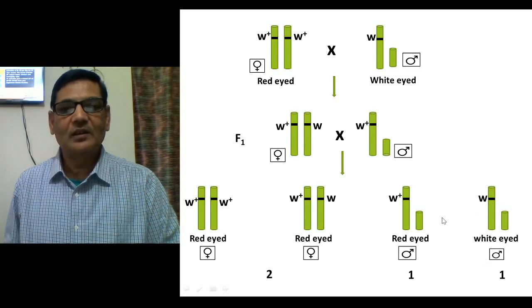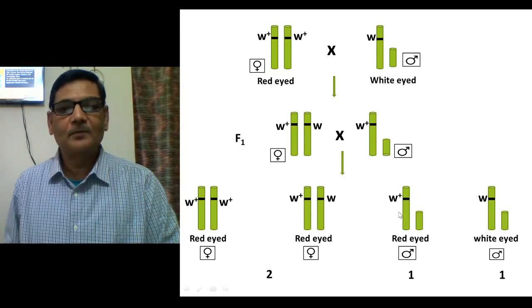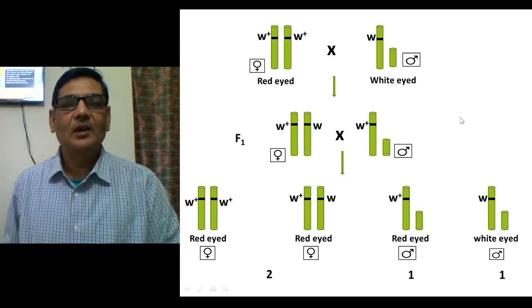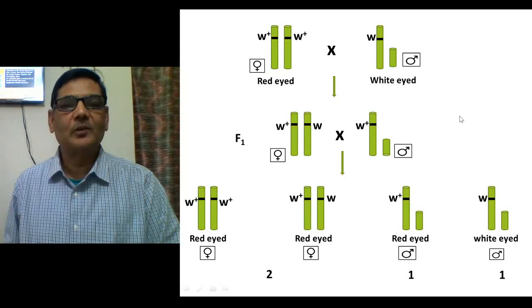This is the reason that if you consider only male individuals, 50% of the males will be red-eyed and 50% of the males will be white-eyed, whereas all females will be red-eyed. This was the result which Morgan actually observed, and exactly the same finding you will observe if you perform such experiments.